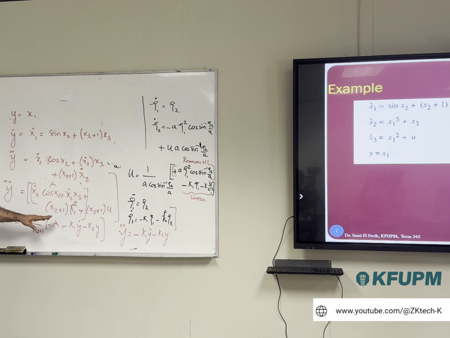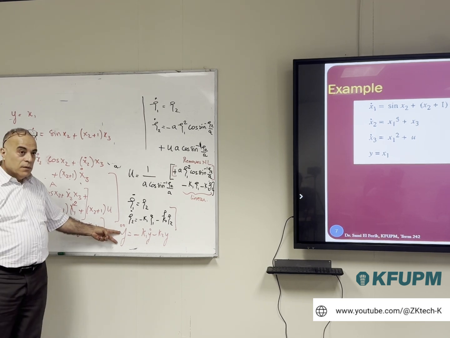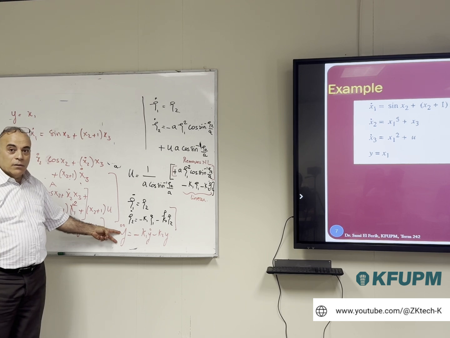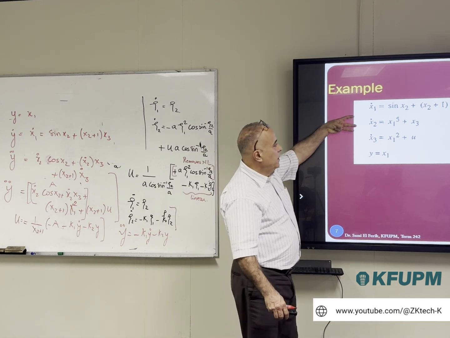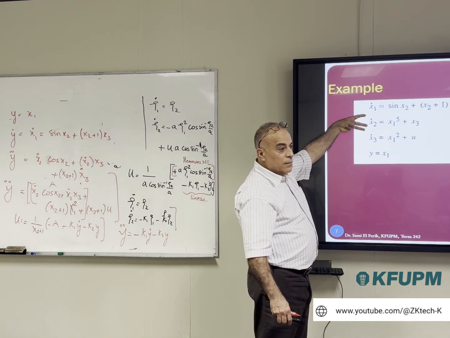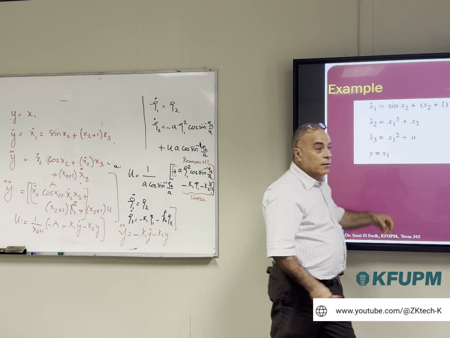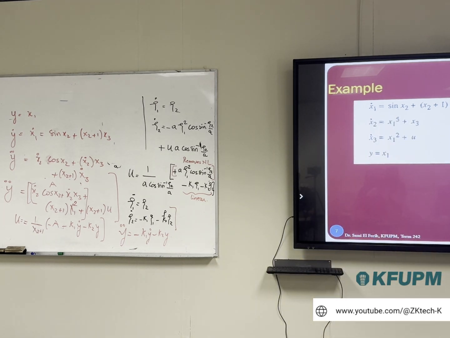But there is an issue, and this is what I would like to bring your attention to. The system that I got here is a system of two states, second order. But we started with the third order. So we have internal dynamics.